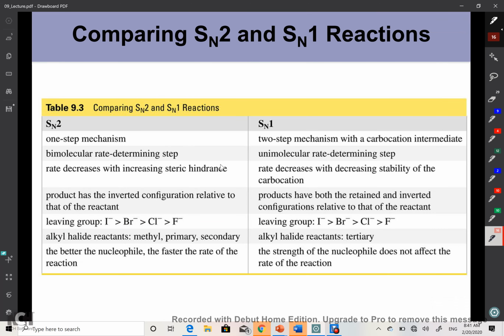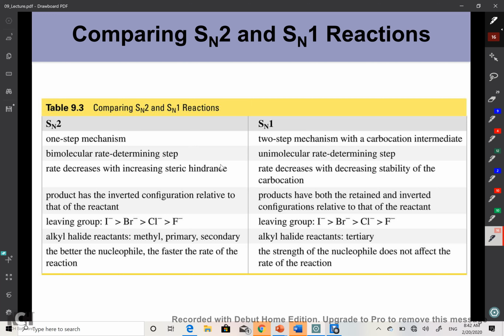We'll not be able to read through it in detail, but it makes a quick comparison between the SN1 and the SN2. In terms of mechanism, the SN2 is a one-step mechanism, meaning that you only have one transition state, whereas the SN1 is a two-step mechanism. One is bimolecular, the other is unimolecular, in the rate determining step.